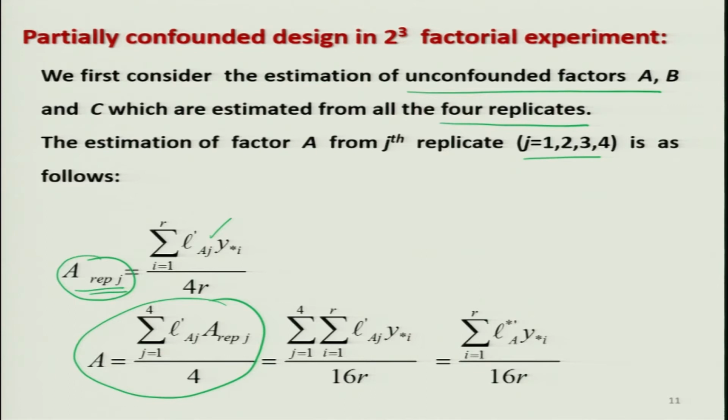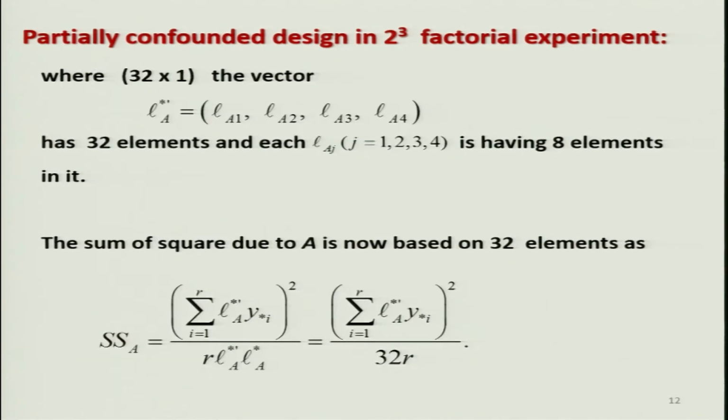If I substitute these values, it will come out to be the double summation, j goes from 1 to 4, i goes from 1 to r, L_Aj transpose y star i divided by 16r. And I can write this summation as a summation over i of L_A star transpose y star i, right. So, exactly in the same way as we have done earlier.